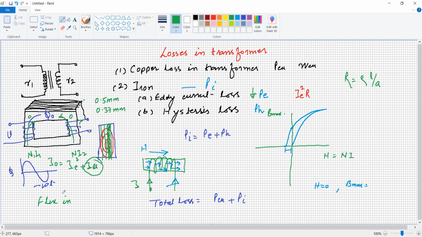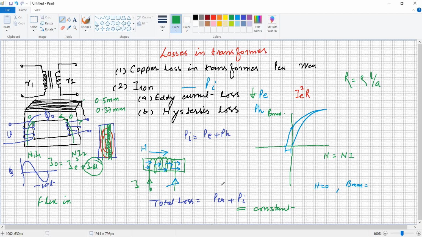Listen one more time: flux in a transformer remains constant irrespective of load condition. So once the flux is constant, the eddy current loss and hysteresis loss are also constant. So Pi is a constant loss and it does not depend upon the load value.